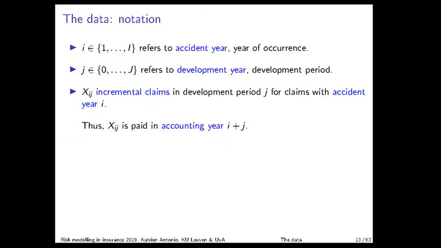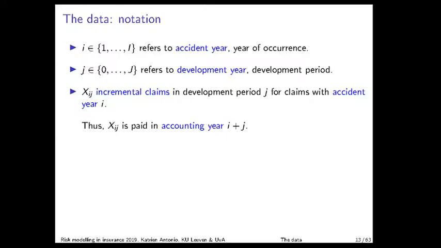The random variable X_ij then denotes the incremental claims in development period j for accidents that happened in accident year i. Thus, X_ij is the total amount paid in development year j for all claims that happened in occurrence year i. And in fact, those payments take place in accounting year or calendar year i plus j.